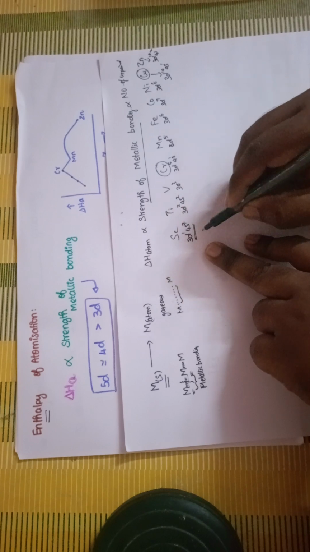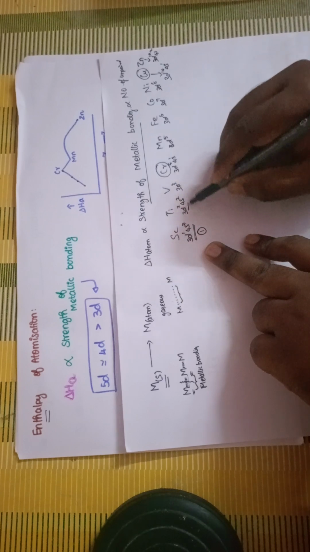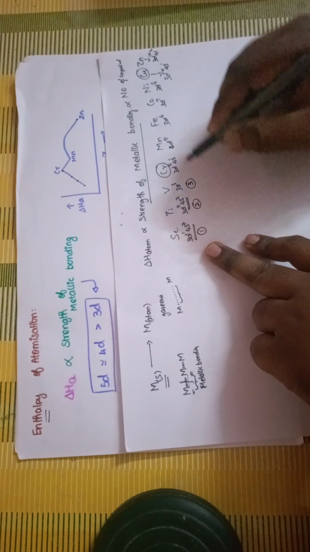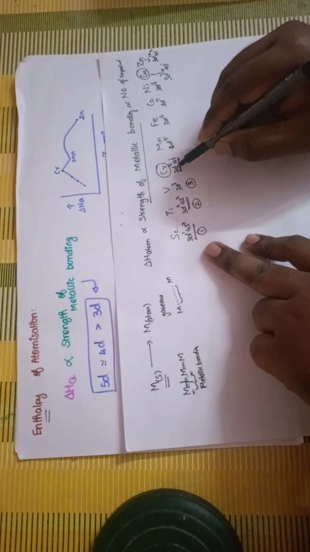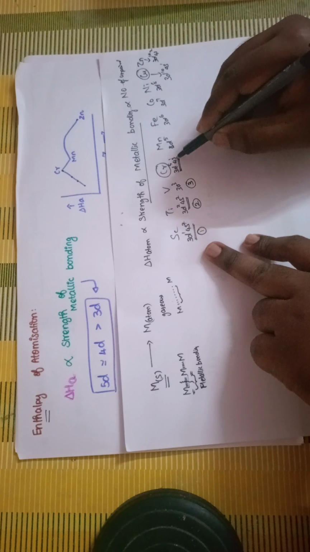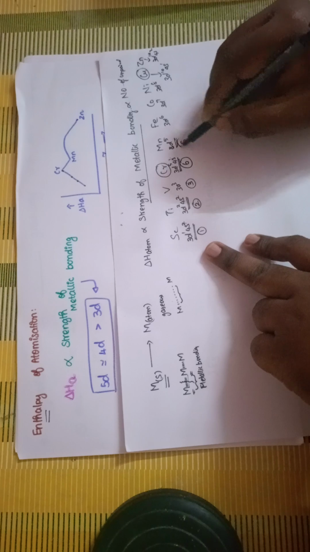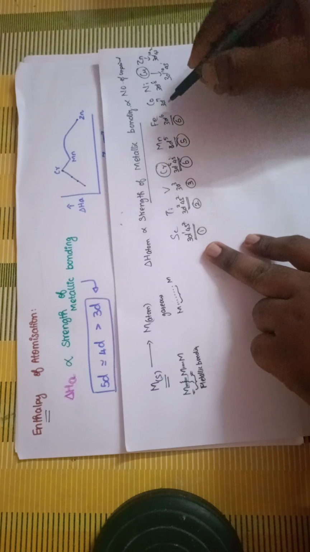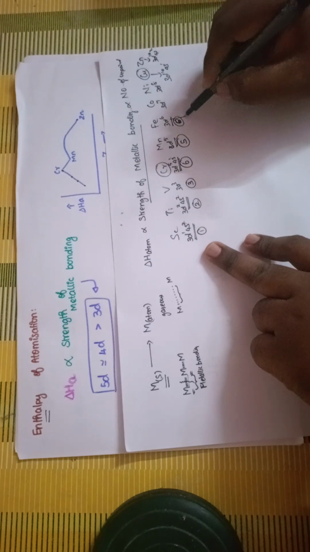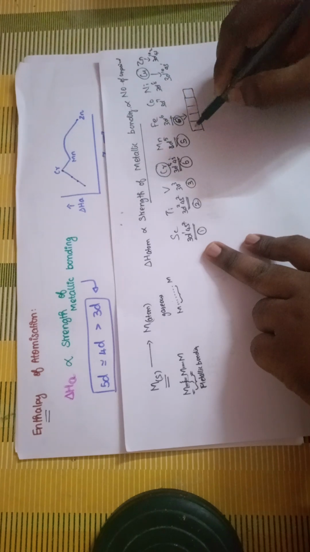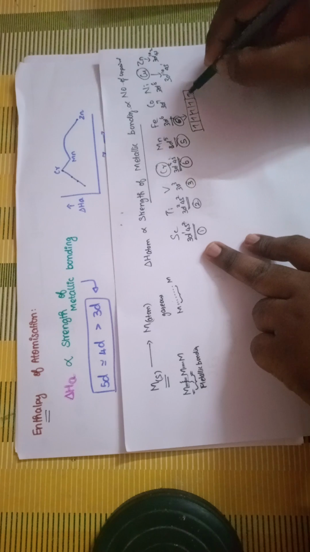3d1 indicates it has 1 unpaired electron. 3d2 indicates 2 unpaired electrons. Vanadium has 3 unpaired electrons. Here in the d orbital we have 5 unpaired electrons, and in the s orbital we have 1 electron, so a total of 6 unpaired electrons. Here 3d6: what is the configuration? 1, 2, 3, 4, 5, 6.